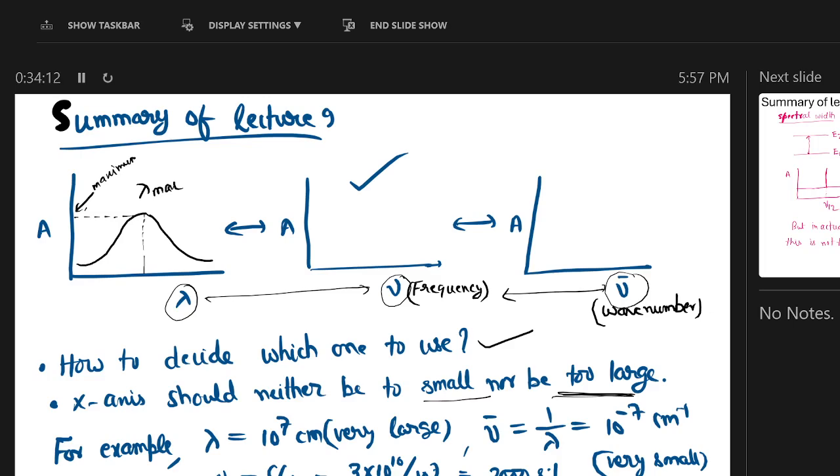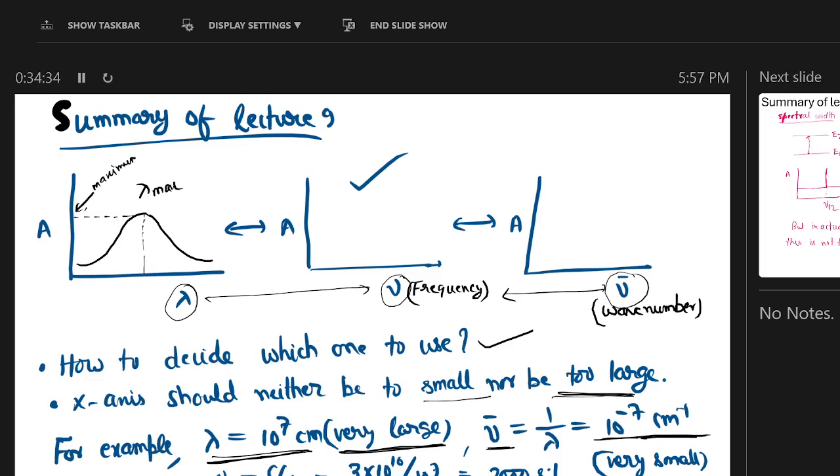For example, let's say for your spectrum, the lambda you are using is 10 to the power 7 centimeter. It's a very large number. When you convert to wave number, it's 10 to the power minus 7, which is a very small number. But when you convert this into frequency, you will get something like 3000 per second. This is a reasonable number.